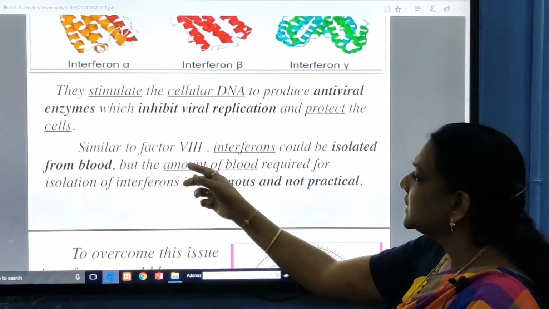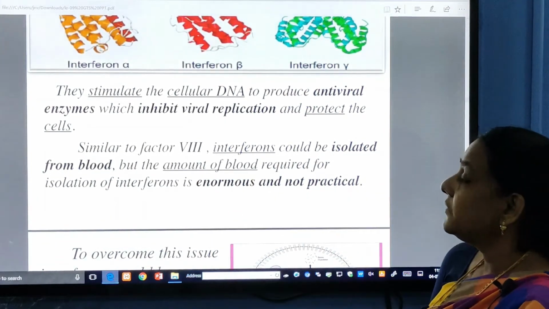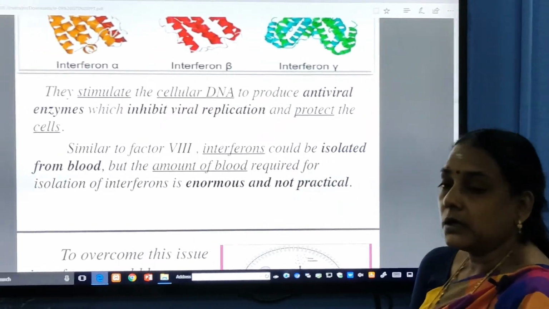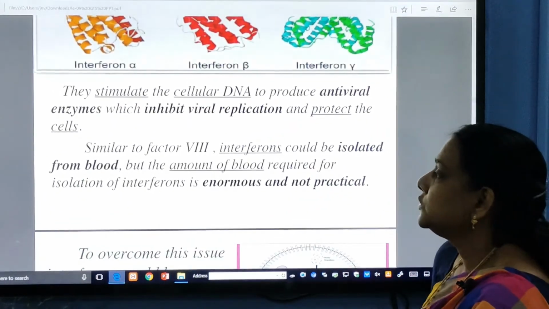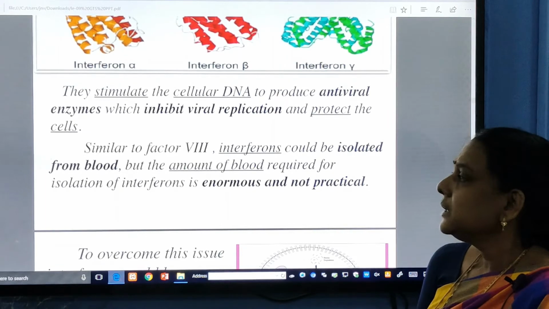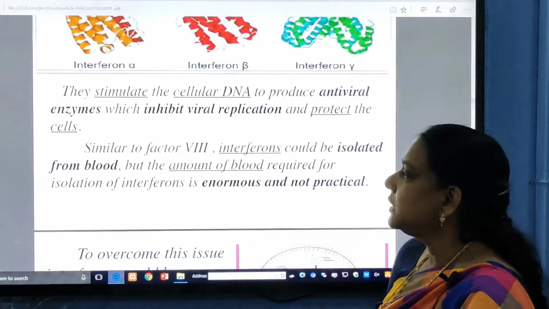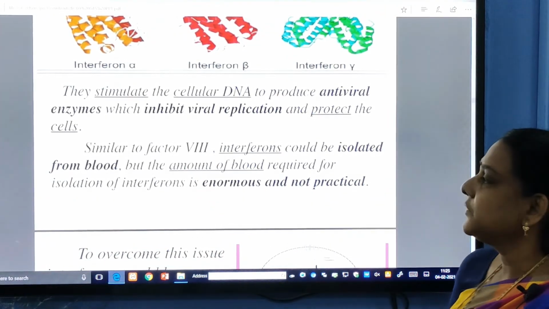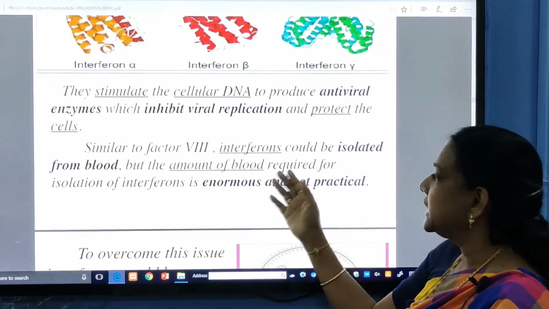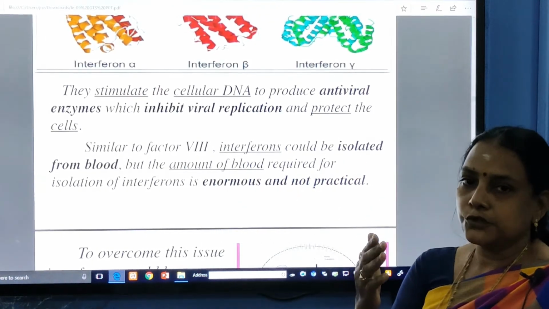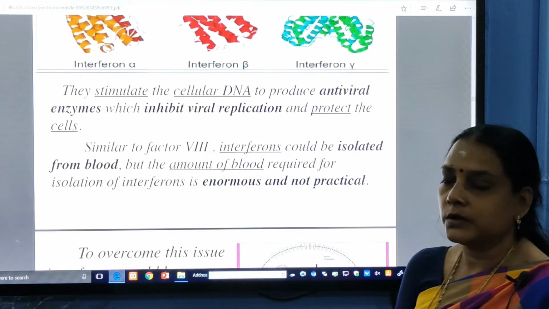Another one is a similar factor, factor 8, which we use for hemophilia. There is a missing factor in hemophilic persons, that is factor 8. Interferons could be isolated from the blood, similar to the hemophilic patients. What do we do for diagnosis?